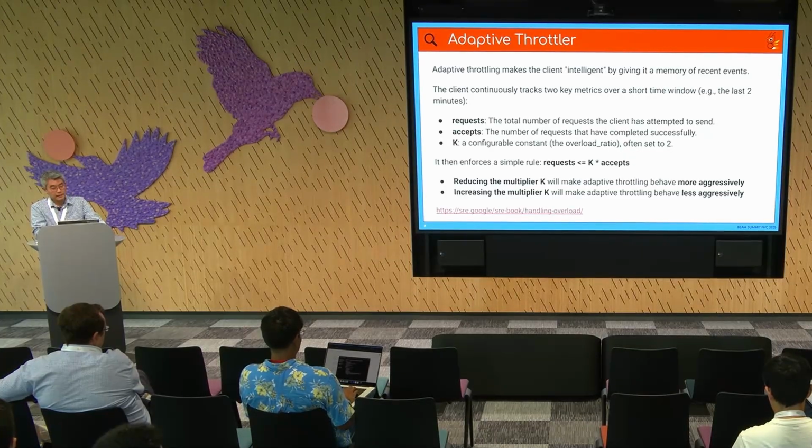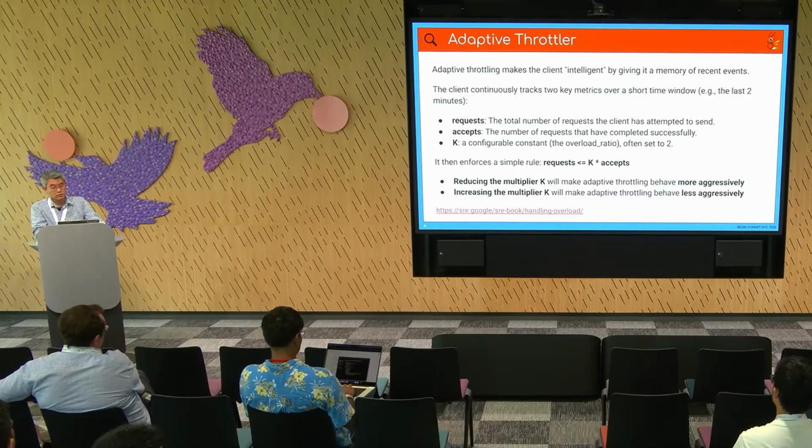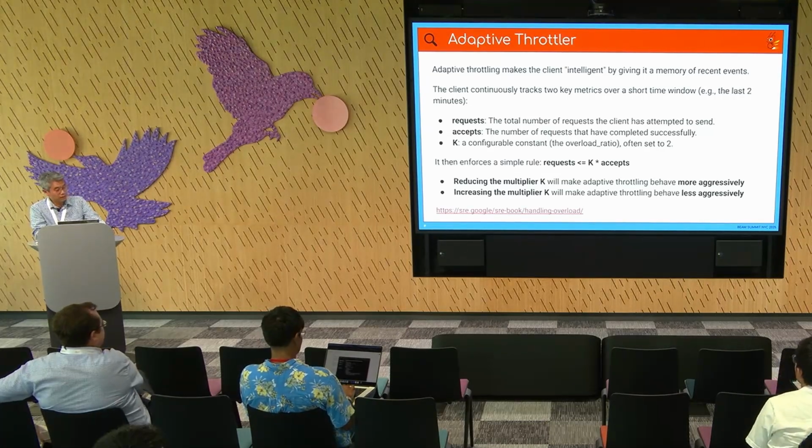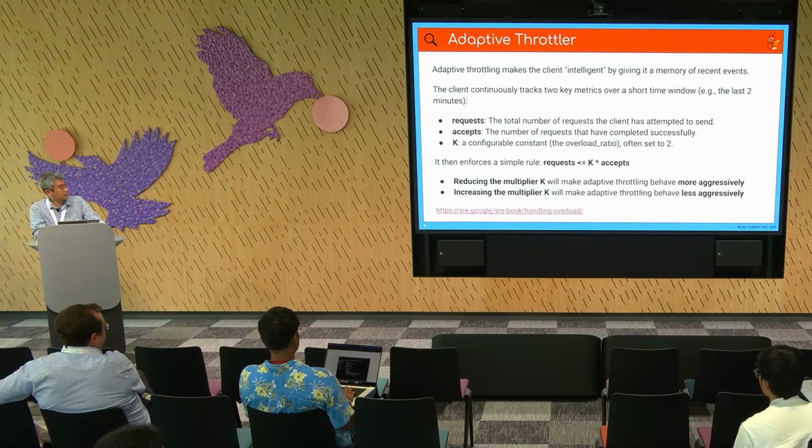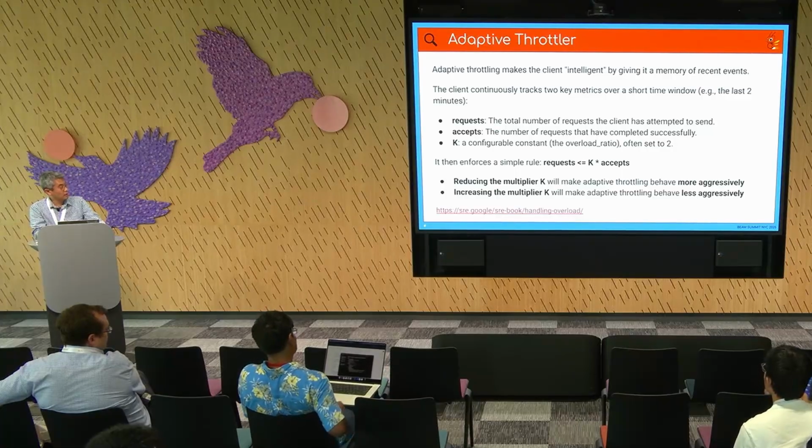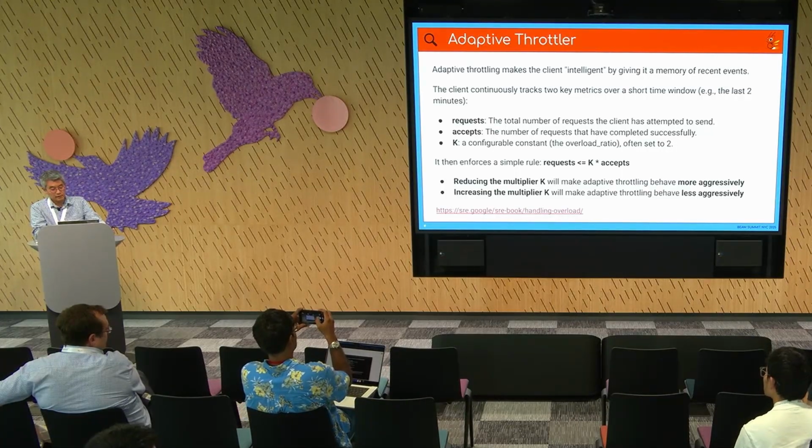The adaptive throttler works by enforcing a very simple rule: the number of client requests should be less than or equal to a multiplier k times the number of server accepts. With Beam's implementation, this multiplier k is set to 2. If requests exceed this, the client throttles itself. Reducing k makes throttling more aggressive. Increasing k makes throttling less aggressive.